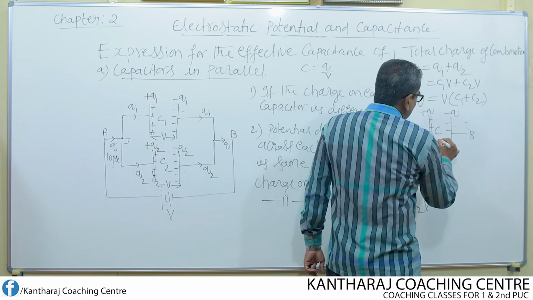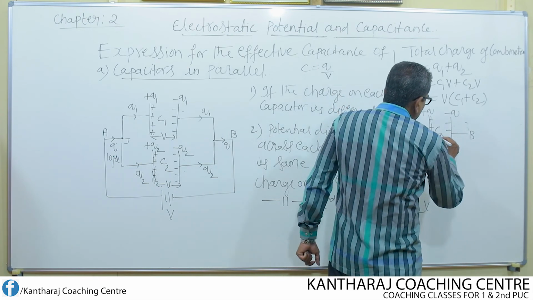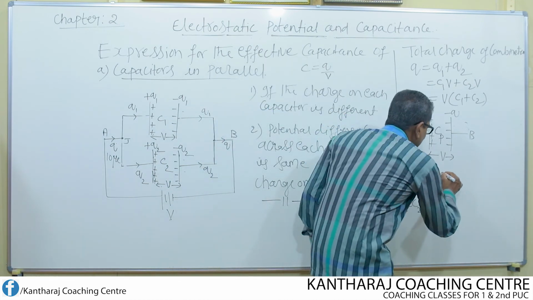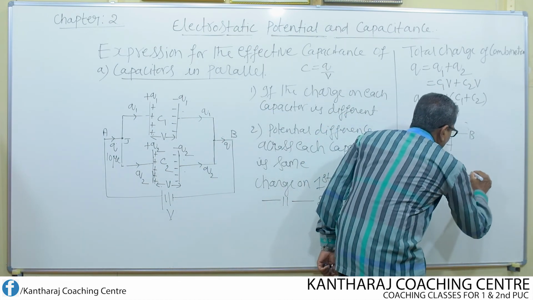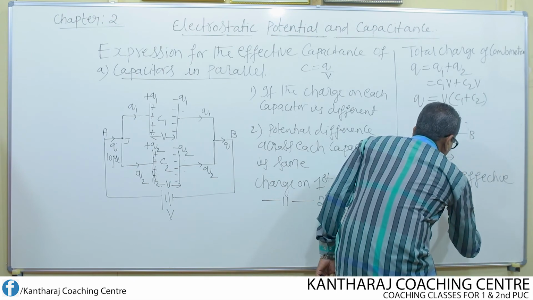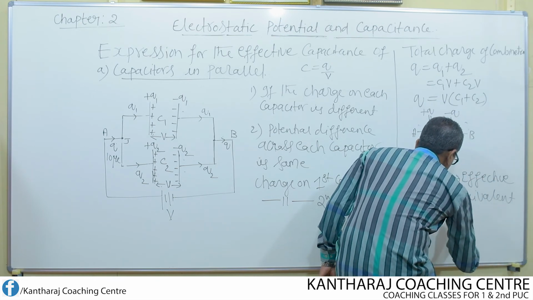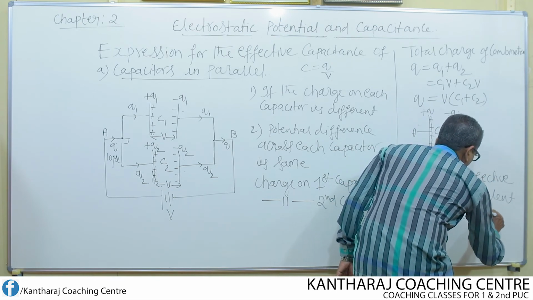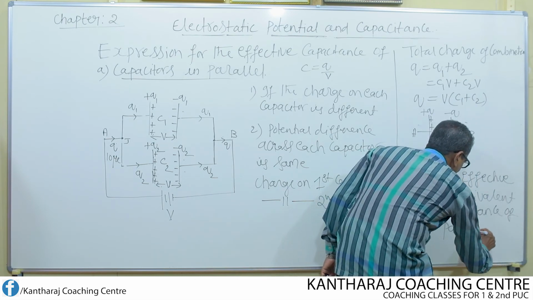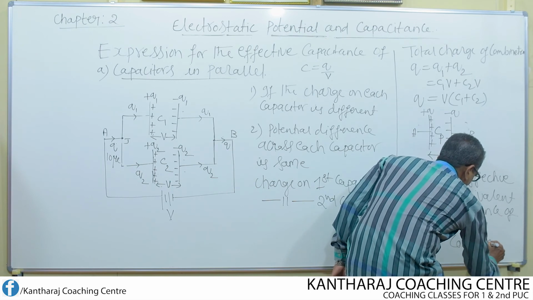What is the total capacitance of this capacitor? The capacitance of the single capacitor is taken as Cp. What is Cp? Cp is nothing but the effective or equivalent capacitance of the parallel combination.